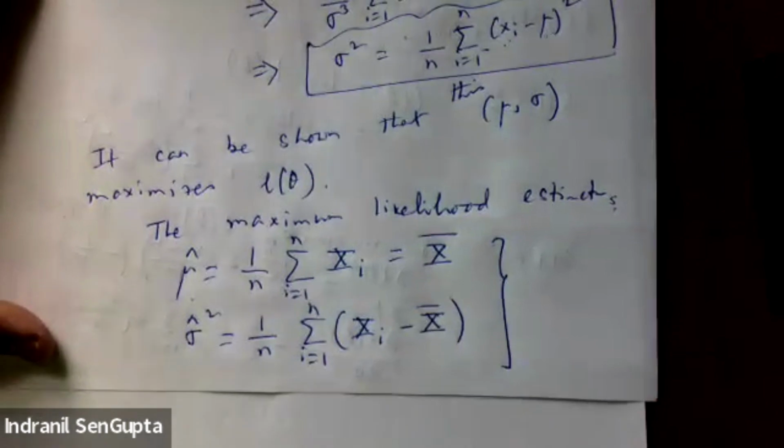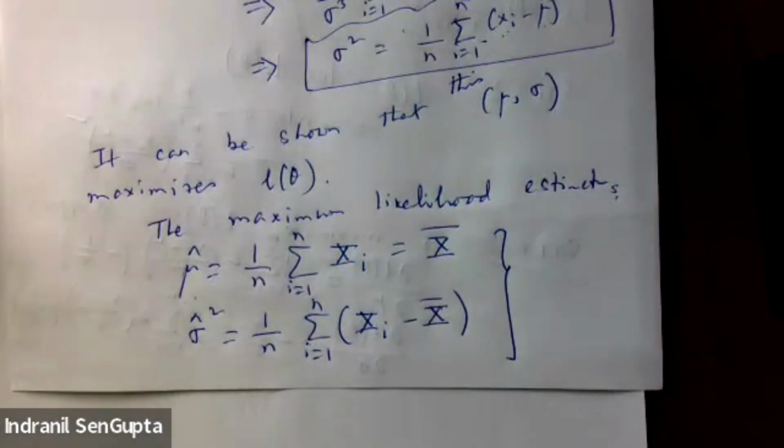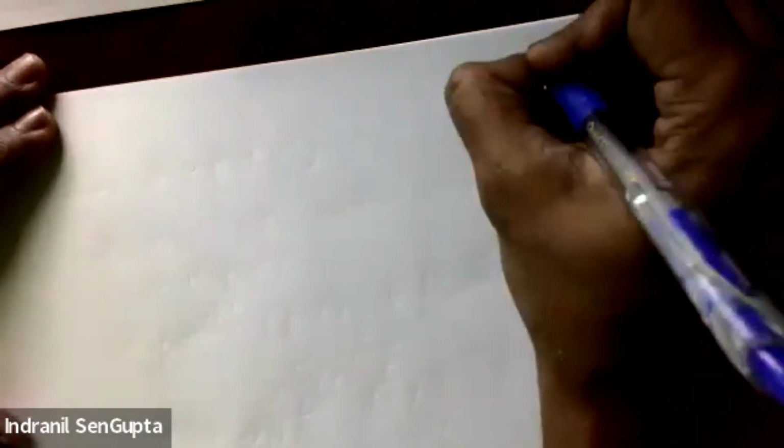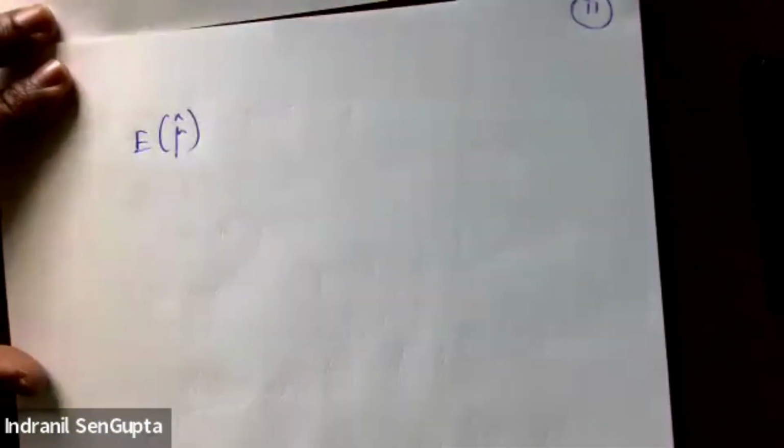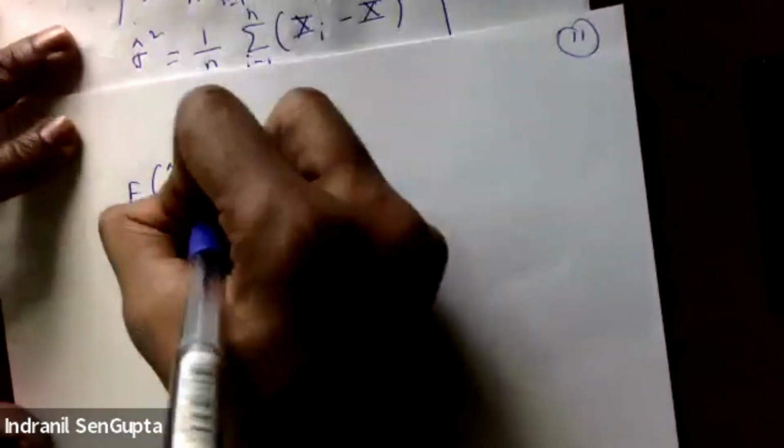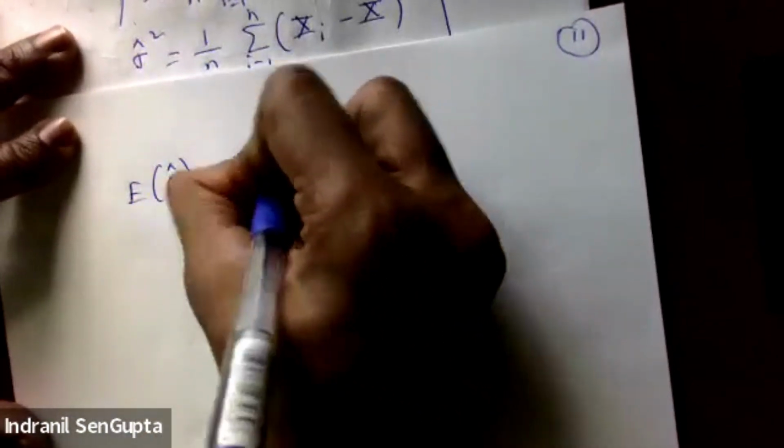These two are maximum likelihood estimators. The question is which one is unbiased and which one is biased. Now this can be answered through our knowledge of the previous section. Note that what is E of mu hat? It's really E of x bar.